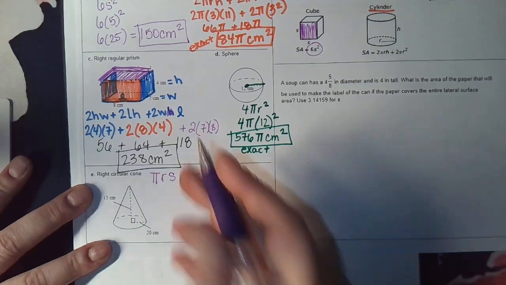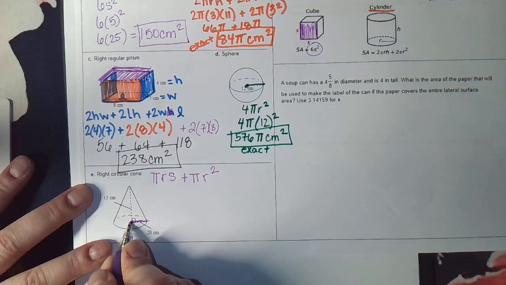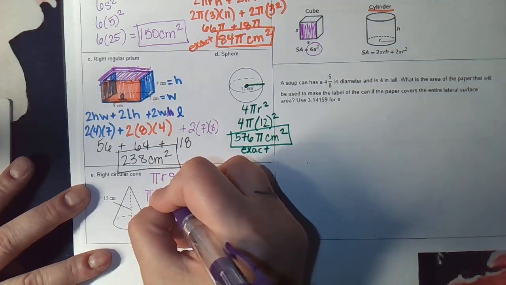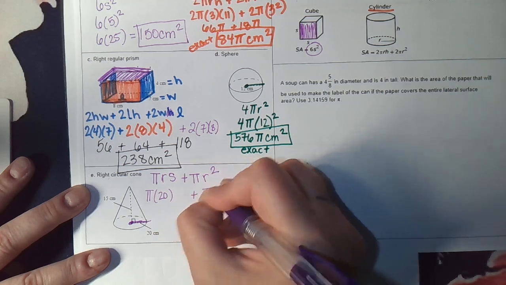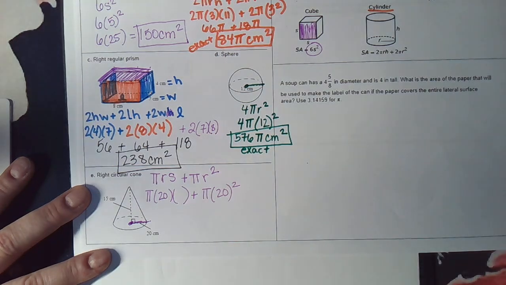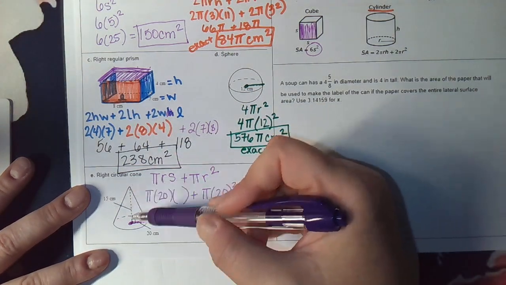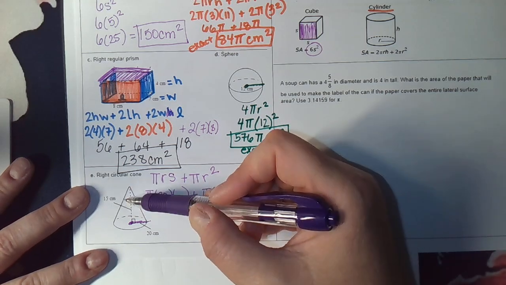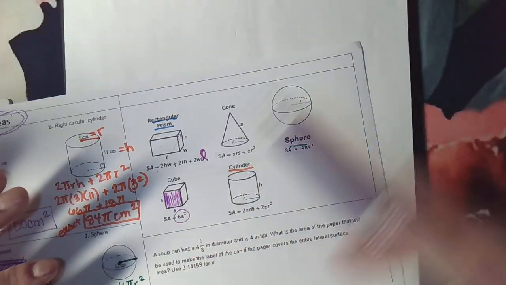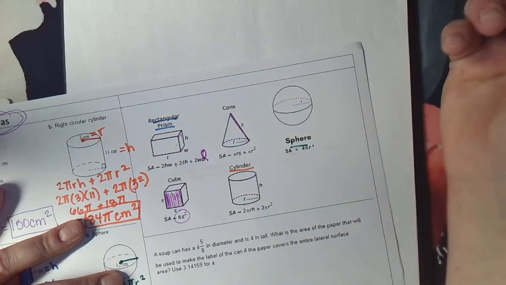Okay, we know the r is 20 because that's from the center of the circle to the outside of the circle. But what we don't know is the s. We might think that 15 is the s, but 15 is the height or the altitude. We need to find the s, which is the slant.